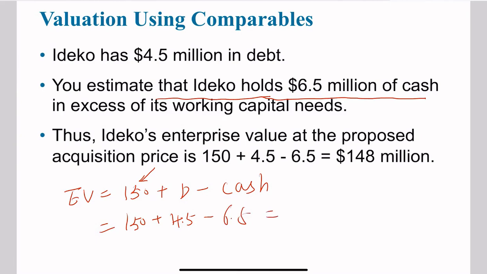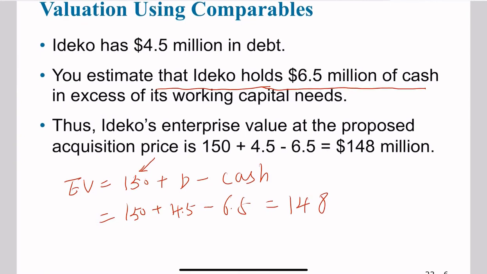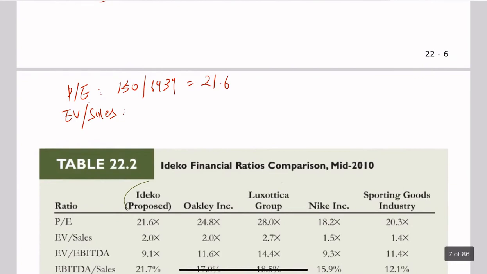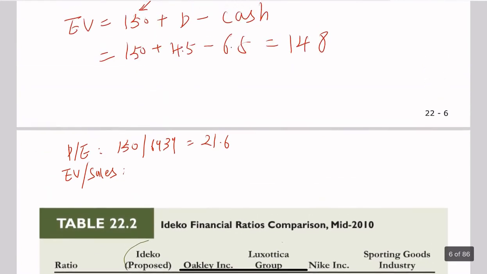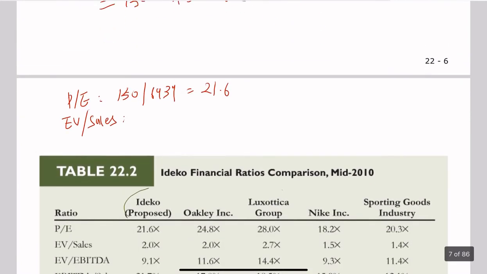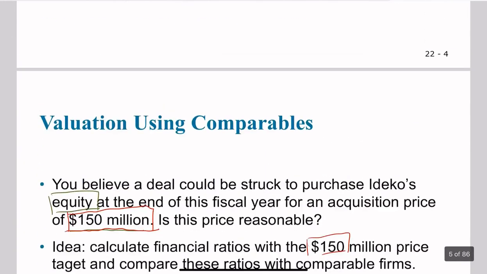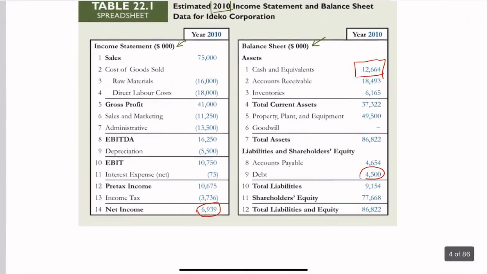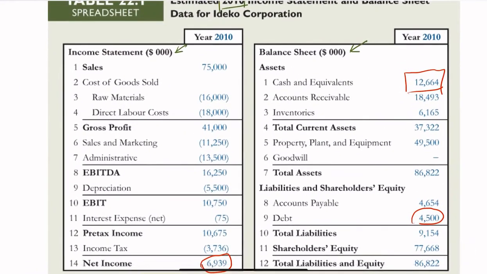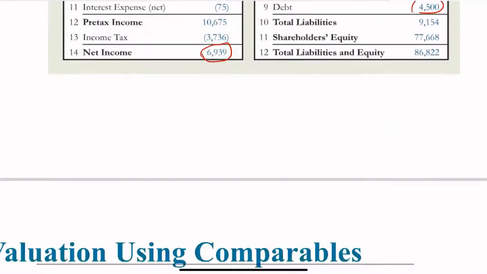And this will give you an enterprise value of $148 million. And now you can use this number divided by sales, and we can definitely get sales from the income statement, which is $75 million.